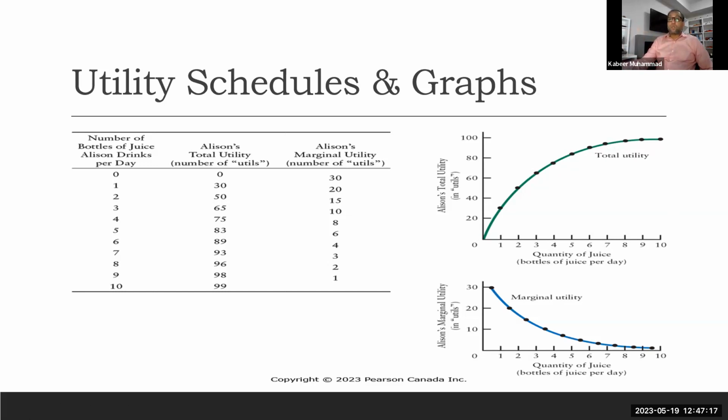That is possible, maybe she's going to get sick or something. And we also see here that the marginal utility is decreasing. From the very first bottle of juice it's 30, but gradually, over the consumption of more bottles of juice, it's decreasing. And if we go further, it's going to be negative as well, going below 0.